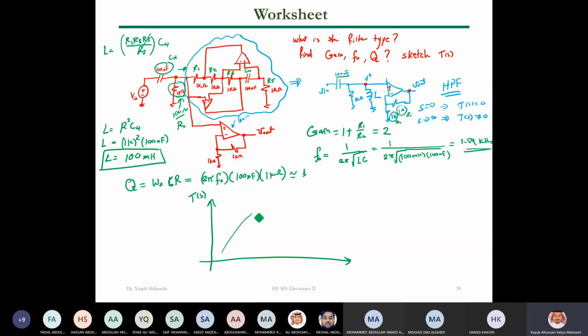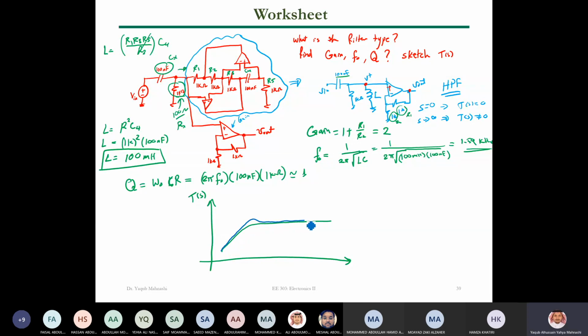This is what we expect, right? But because we have a Q here, it's not maximally flat, it's not 0.7, so we have some peaking, because it is higher than 0.7. A Q of 0.707 is what we call maximally flat or Butterworth. But because we have a Q of 1 that is greater than 0.7, let me draw it in another curve here. So expect something like this.